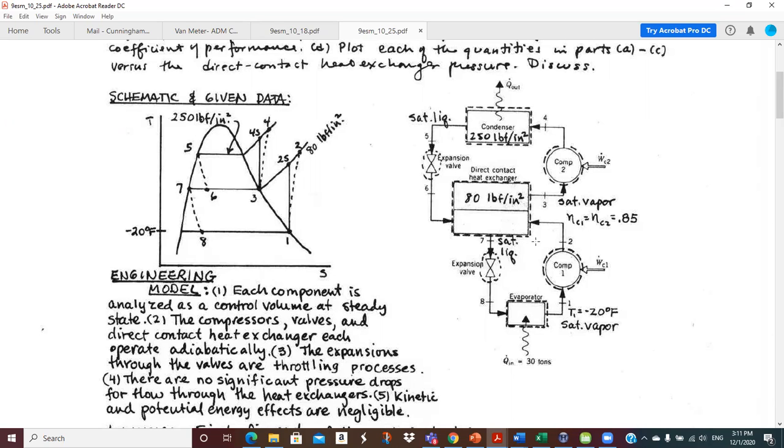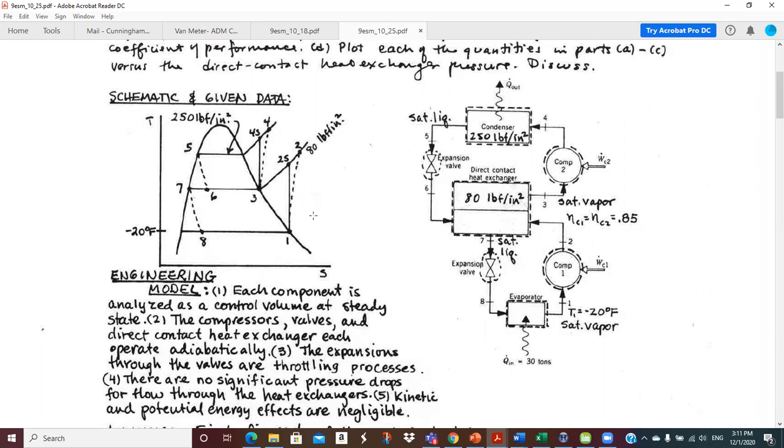And so we mix 2 comes in and 6 comes in. And so then we take vapor out at 3, which goes to the second stage of compression. So that's a saturated vapor we're assuming. And then we have saturated liquid at 7 coming through this second expansion valve.